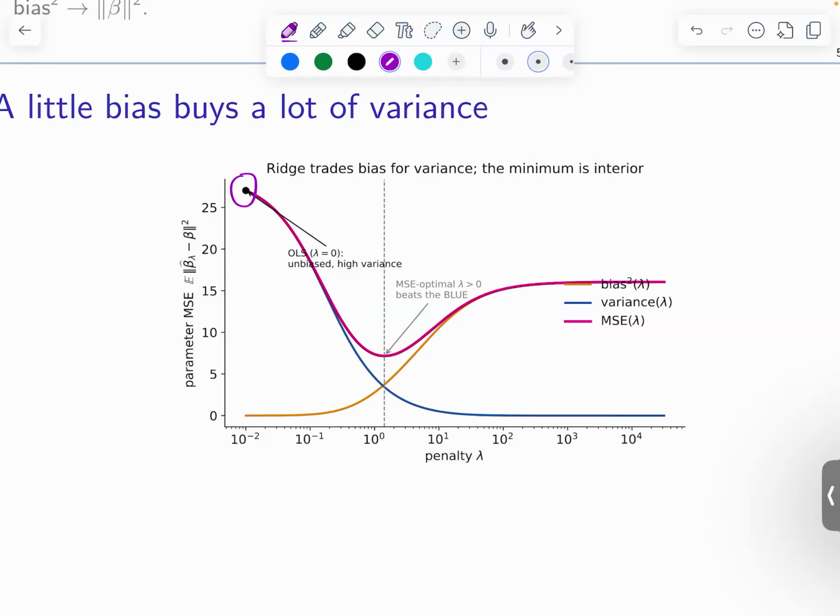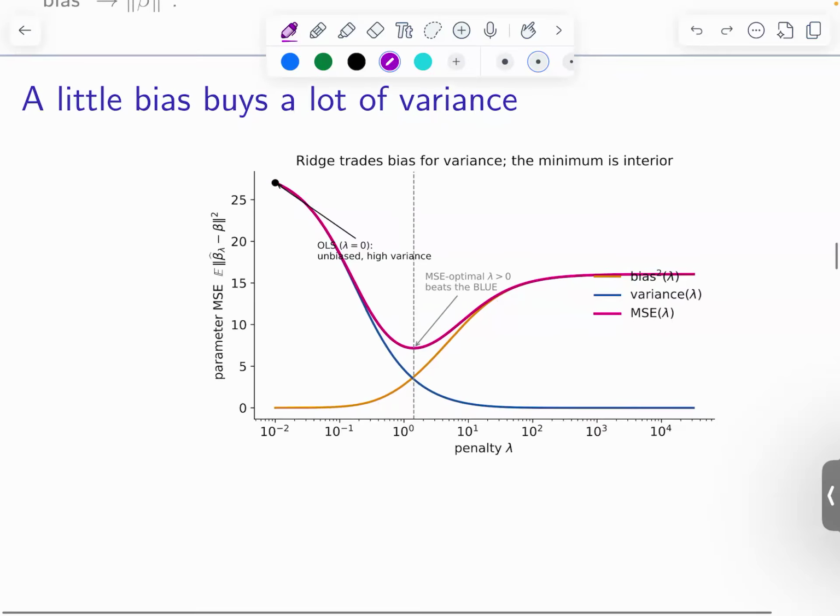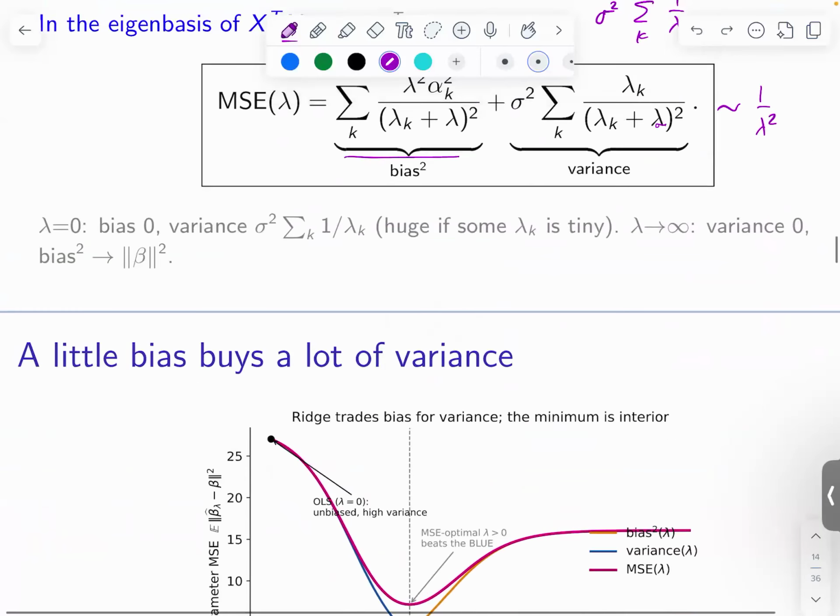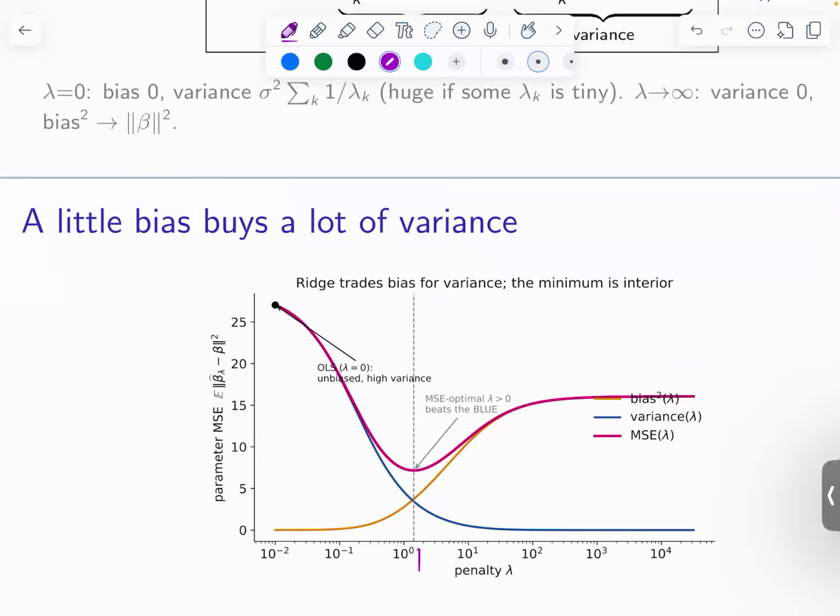OLS is not always that bad, but this is a high noise situation, and you can see the unbiased estimator, which is the OLS, is there. The rate is much better in this case. So what happens here is that you're trading off a little bit of bias. At this point, the estimator is biased, but it reduced the variance a lot.